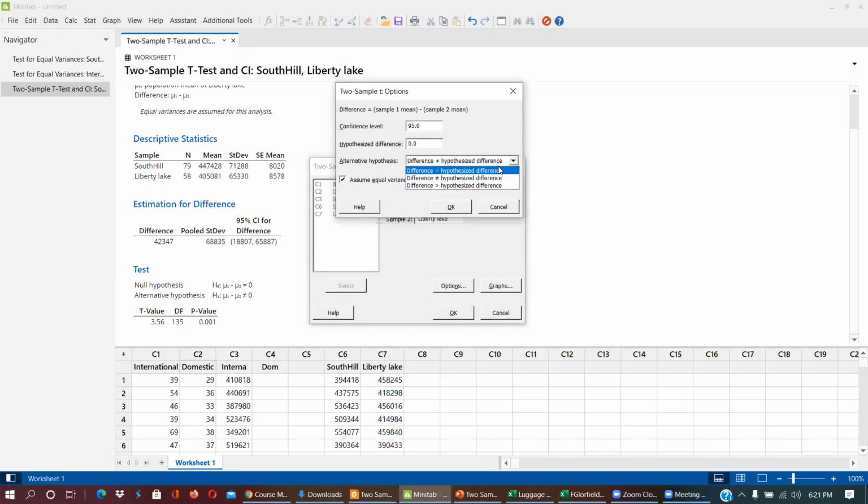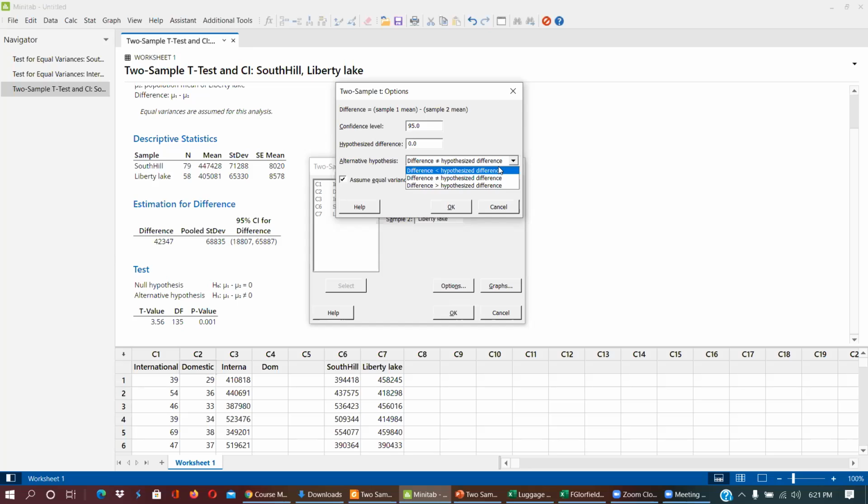Now the second option, look into this. Difference is less than 0. This is the alternative hypothesis. That means the null hypothesis is that the difference is greater than or equal to 0, and the alternative is less than 0.